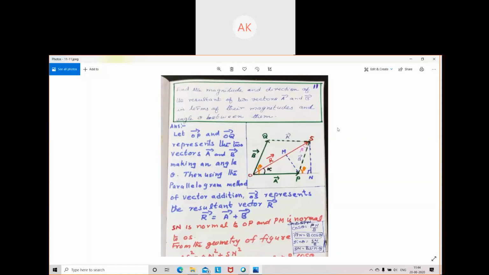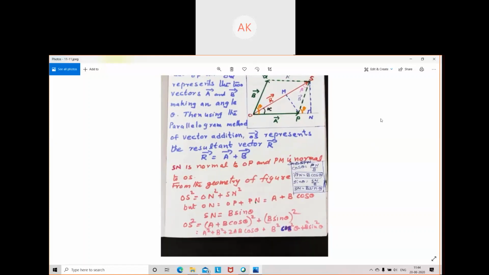Then OS square equals ON square plus SN square. ON is equal to OP plus PN. OP's magnitude is A. PN in terms of theta is B cos theta. SN is B sin theta. So we substituted that: A plus B cos theta whole square plus B sin theta whole square. And like that we calculate.